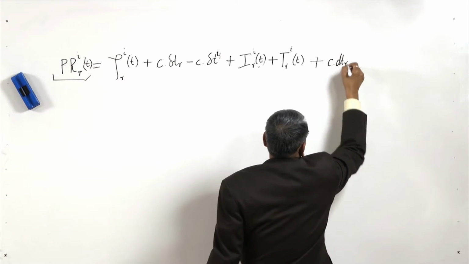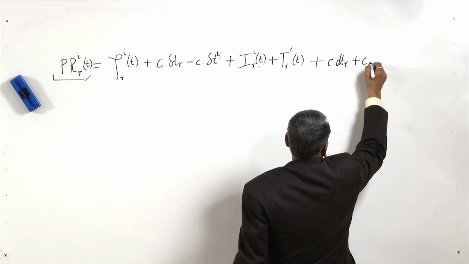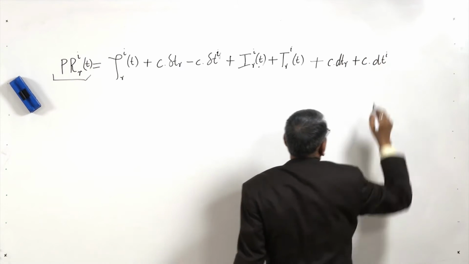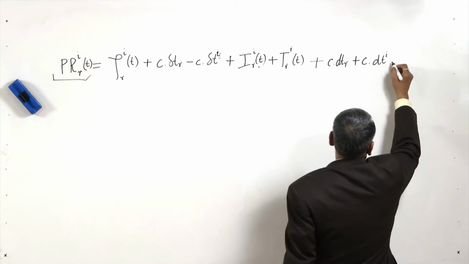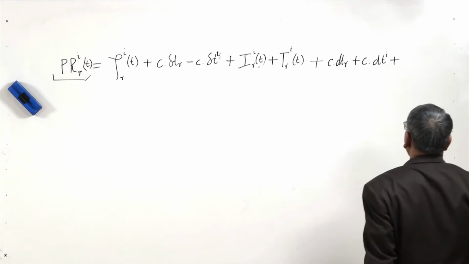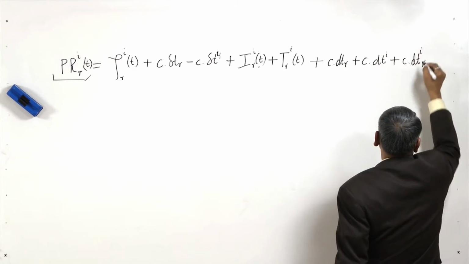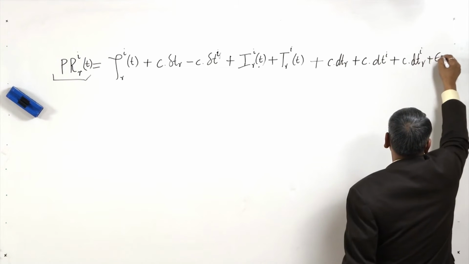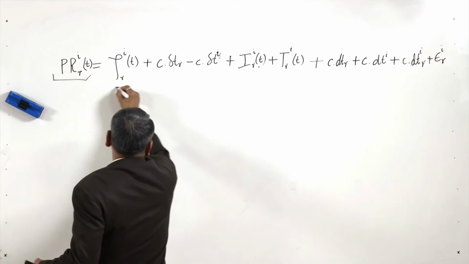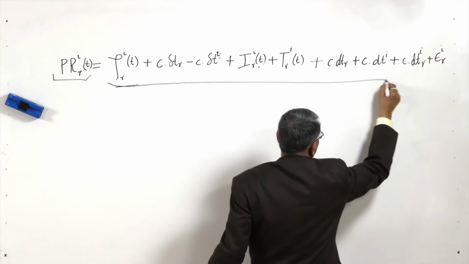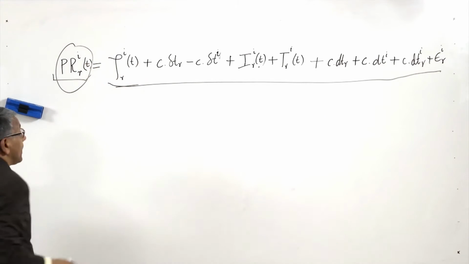Then receiver hardware error, satellite hardware error, multipath error and random error. So this is the content of the pseudo range observable.